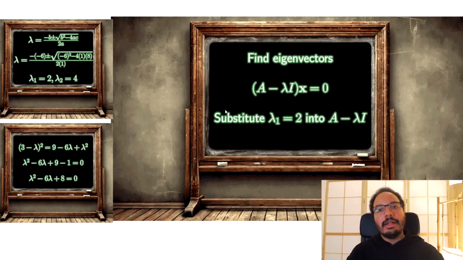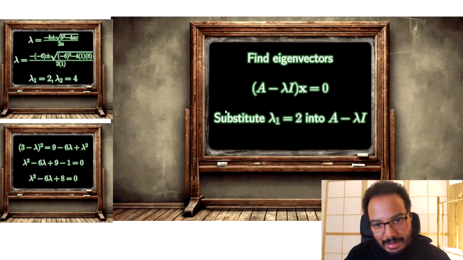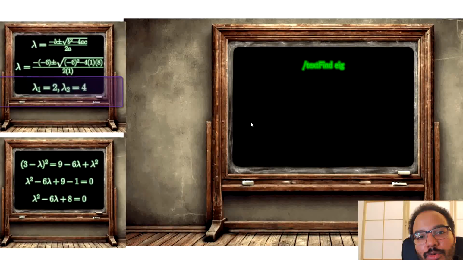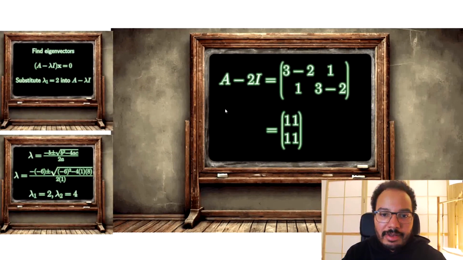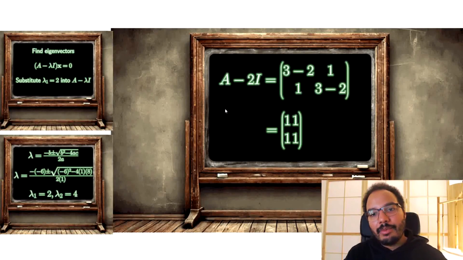How do we do this? We use this equation, (A minus lambda I) times x equals 0, and we substitute lambda into A minus lambda I. We have two lambdas and we substitute both step by step into this equation. This gives us A minus 2I, and when we calculate this, it will result in the matrix with all 1s.